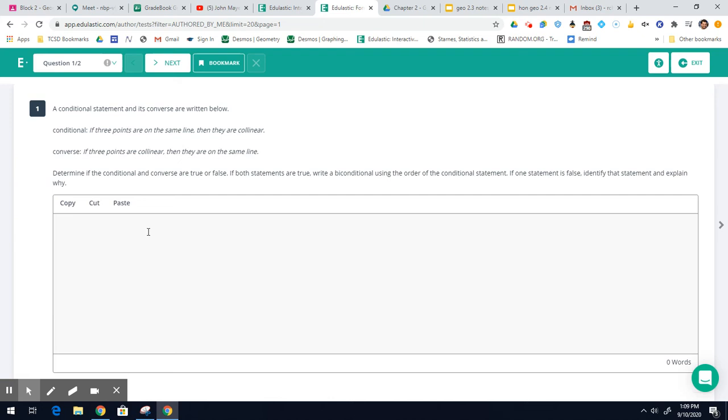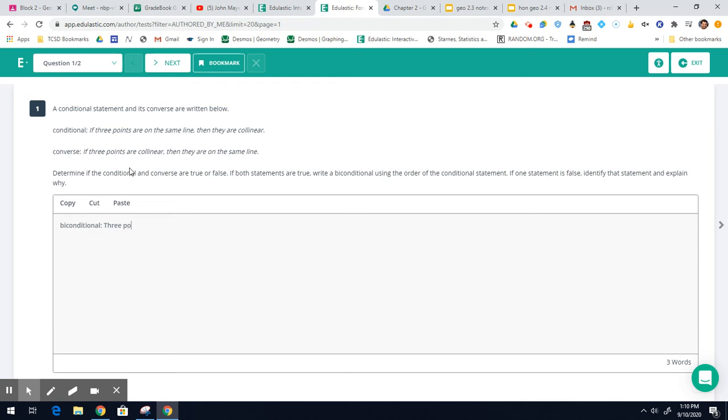All right, so these two statements are true. Right? Being on the same line and collinear, that's the definition. And it doesn't matter which way I say it, that is true. Both statements are true. So because both statements are true, I will write this biconditional. I'm going to follow the order of the conditional statement. Now I'm going to take off the word if.